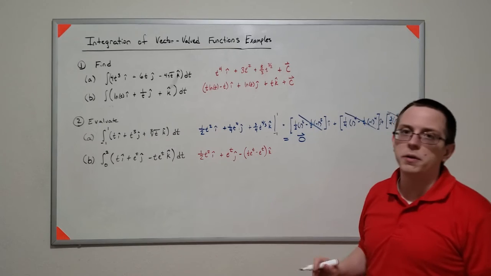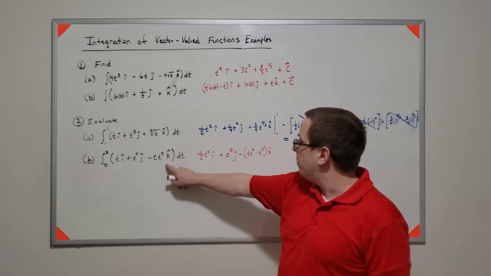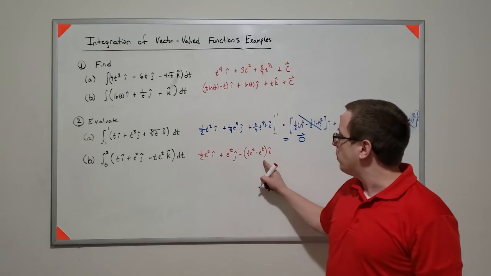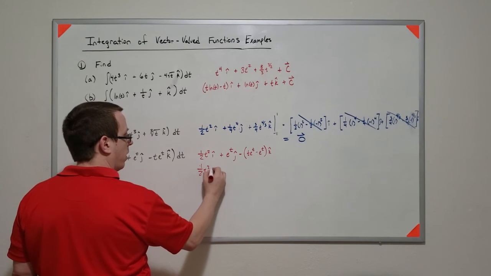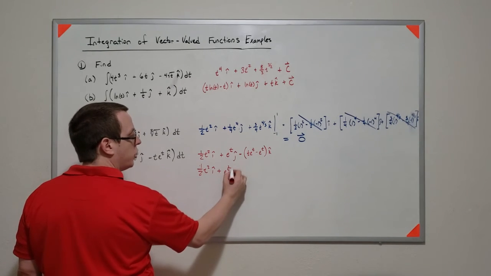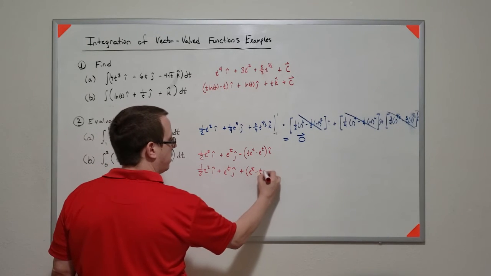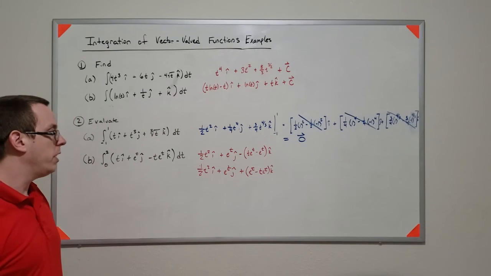Now you can take the derivative and find that that does derive back to this. So we can rewrite this as 1/2 t squared i plus e to the t j plus e to the t minus t e to the t. That might be easier, it's whatever.